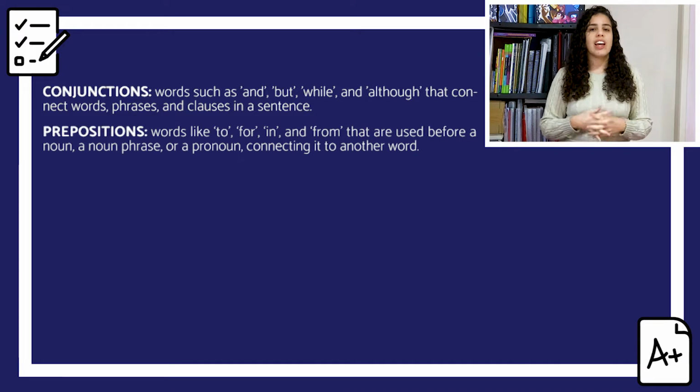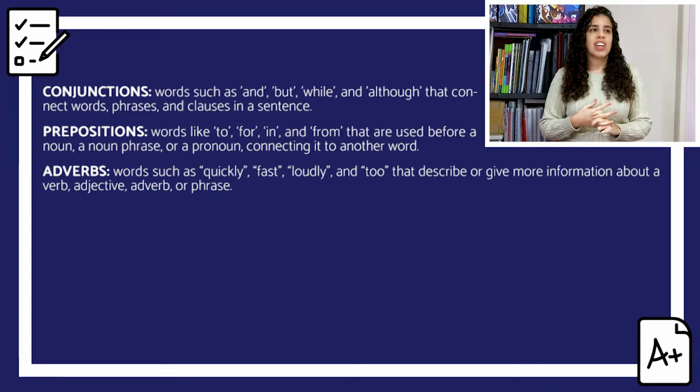Prepositions are words like to, for, in, and from that are used before a noun phrase, or a pronoun, connecting it to another word. Adverbs are words such as quickly, fast, loudly, and to that describe or give more information about a verb, adjective, adverb, or phrase.